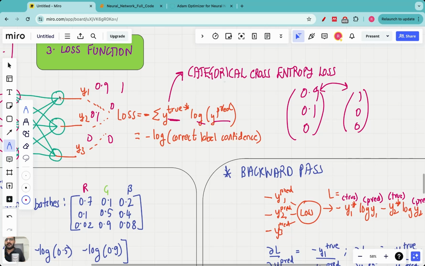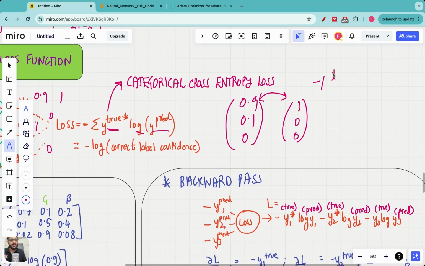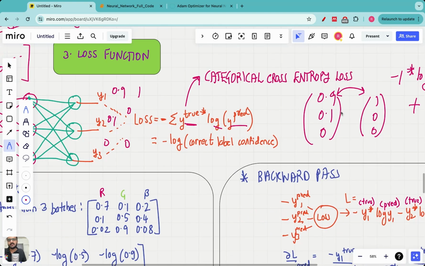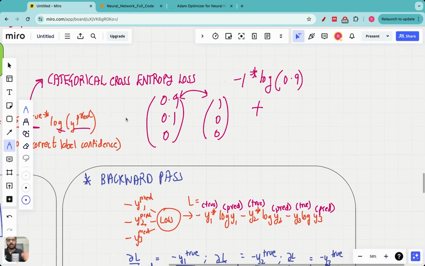So for example, for this first neuron, the true value is 1, right? Because the correct value is 1. So it will be minus 1 into log of 0.9, plus for the second neuron, the true value is 0, so plus 0 into log of 0.1, plus 0 into log of 0.